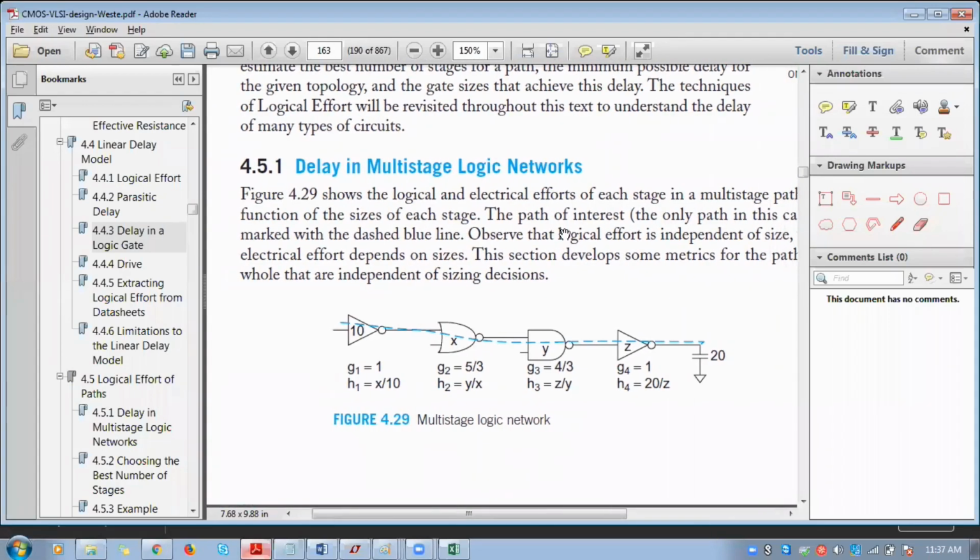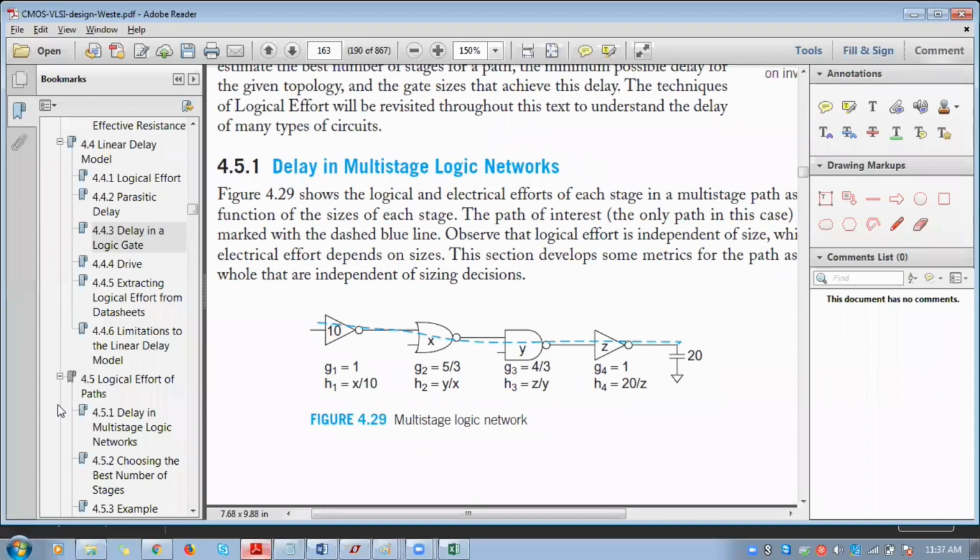In the next session we will go through it, and if you have any doubt, you can clear it, because the same diagram was asked for 15 marks as Part C in two different question papers. In one question paper they gave the same diagram; in another they slightly modified the values inside, in order to calculate the path effort and the logical effort. So you can go through the examples.